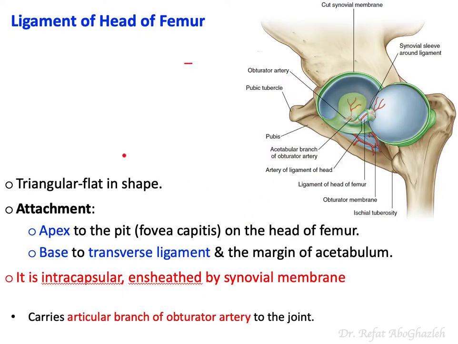Other ligament, we talked a little bit about it, which is the ligament of the head of femur. This is the head of femur, and this is the ligament of the head of the femur, in which its apex attaches to the fovea capitis here on the head of the femur, and its base, which is flat to triangular in shape, right?